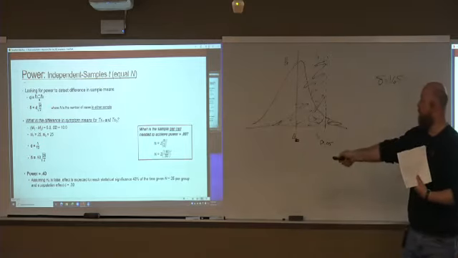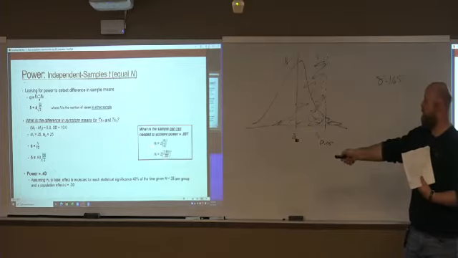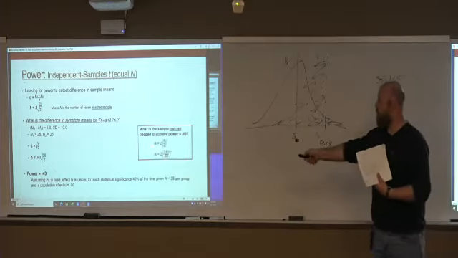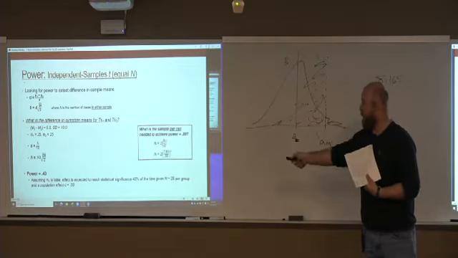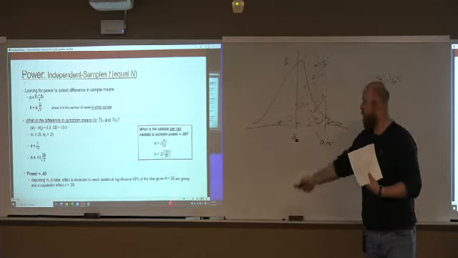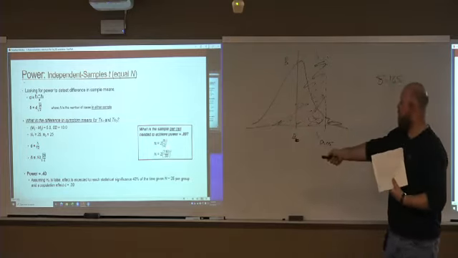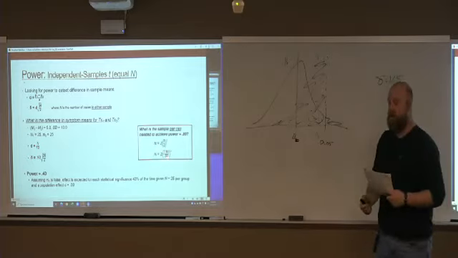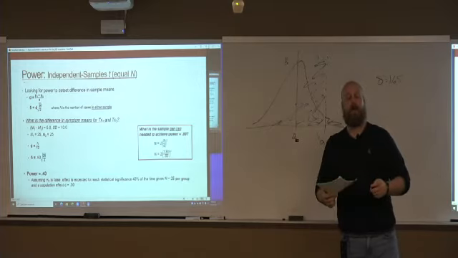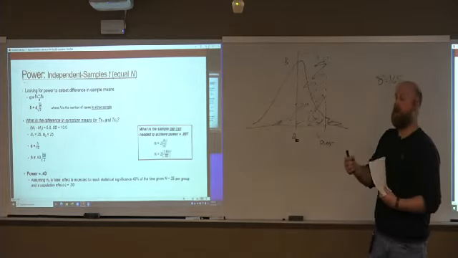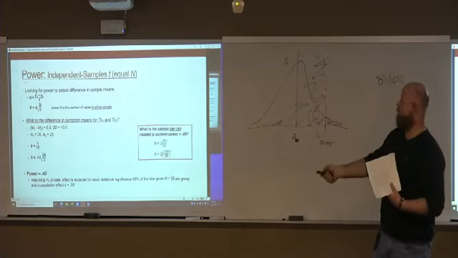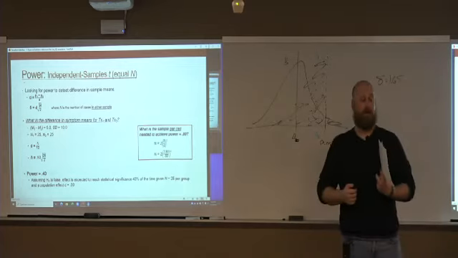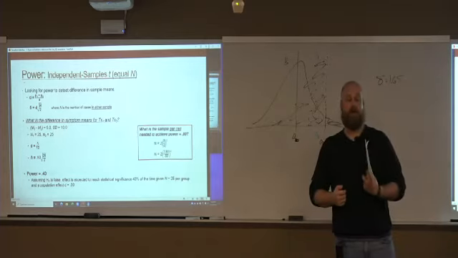My necessary sample per cell is equal to 2 times my non-centrality parameter over d, and square that, right? So 2 times 2.8 over 0.5, squared. Someone tell me how many people would I need per cell in order to have an adequately powered test if I'm looking for an effect size of 0.5.